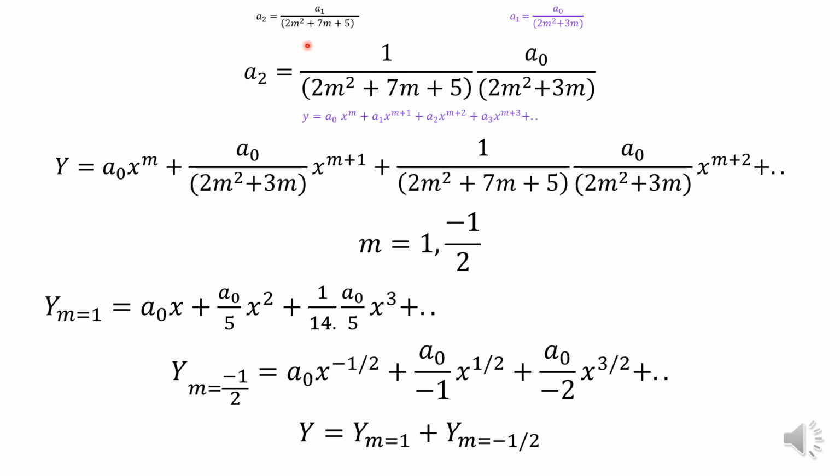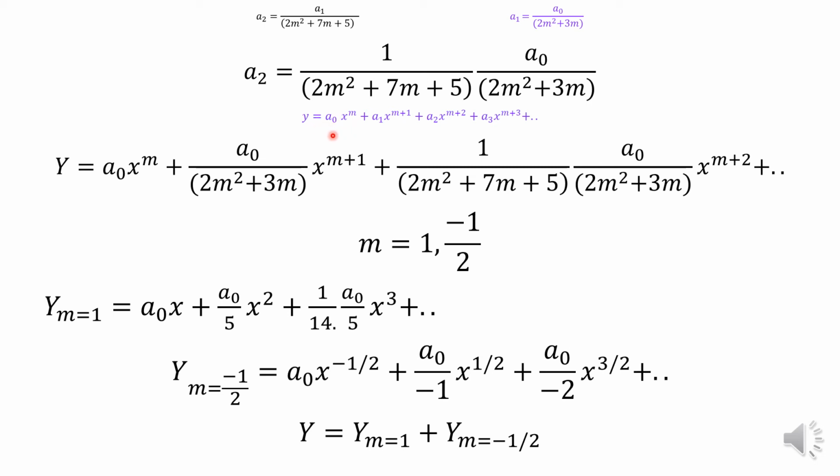a1 by 2m square plus 7m plus 5. And a1 is a value. What is a1? A naught by 2m square plus 3m. And the same thing we are putting here. The type of solution is y is equal to a naught x to the power m. That's why we remember that we have put that a naught is not 0, because we have supposed this.